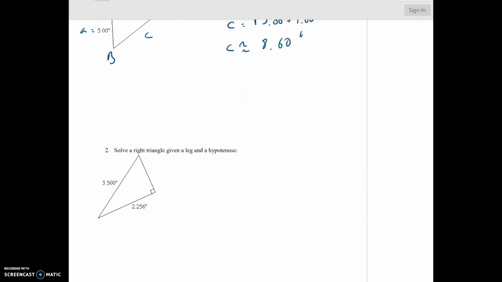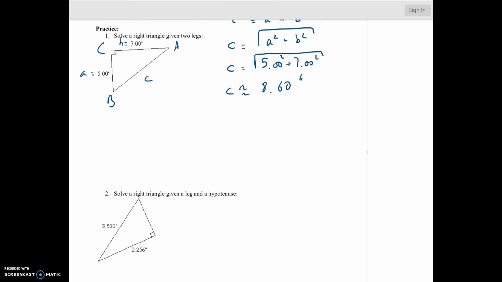Now, if I want to find the angle A, let's try to find the angle A. Well, the tangent of the angle equals 5.00 divided by 7.00.